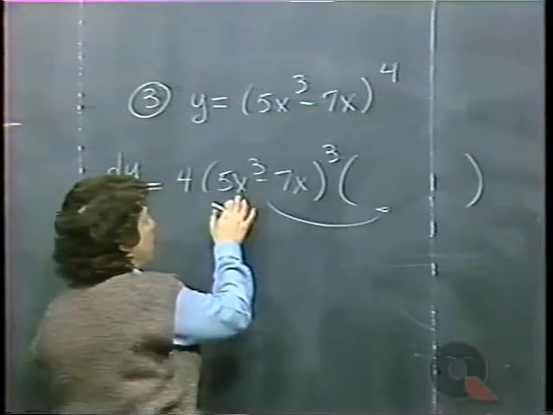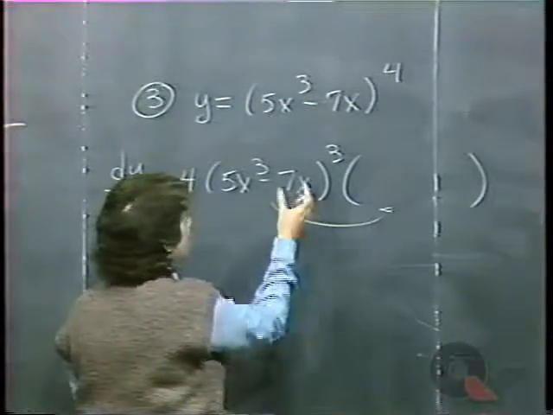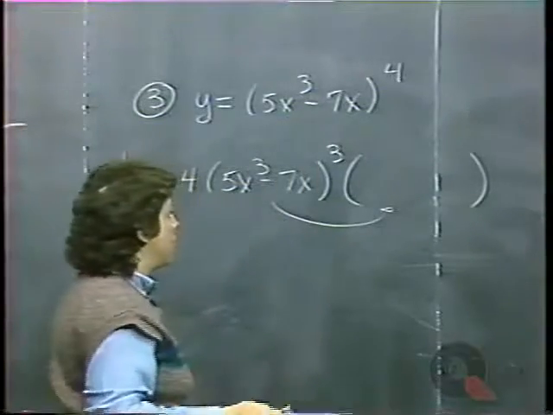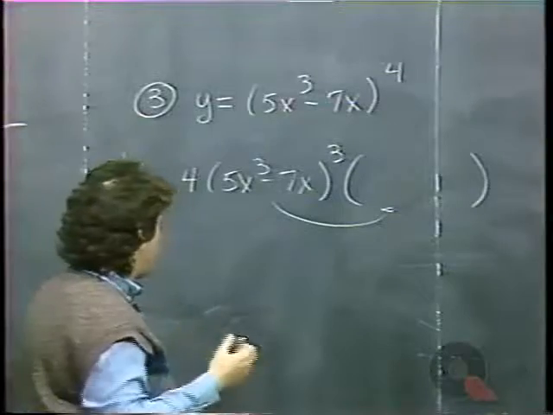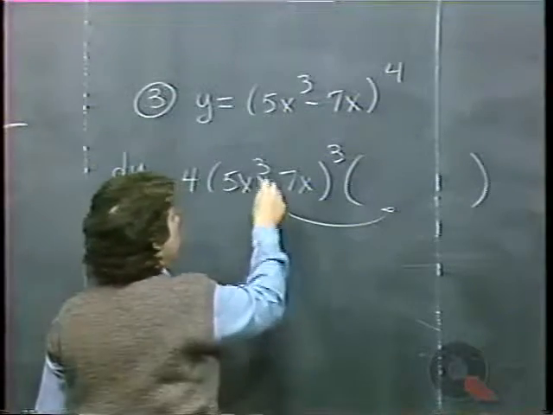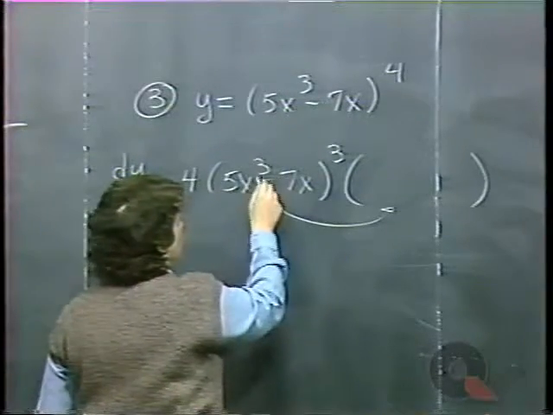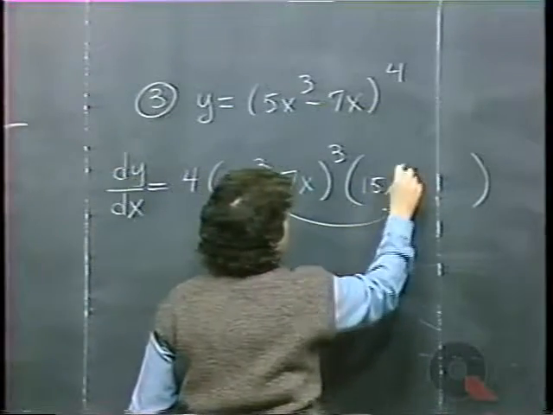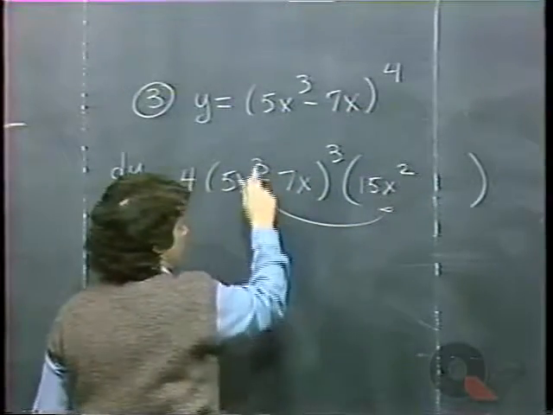So we need the derivative of 5x cubed minus 7x with respect to x. The inside, of course, is a polynomial. We'll differentiate that by the method we learned in the first example. The derivative of 5x cubed is constant times the power, that's 15, x to the 1 less power, 15x squared.